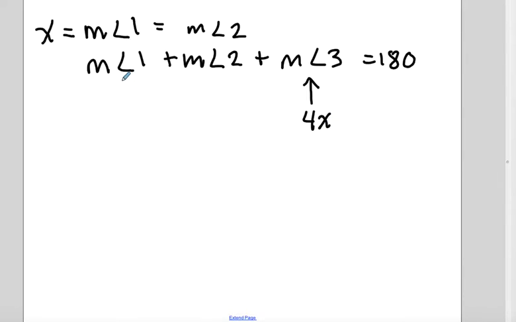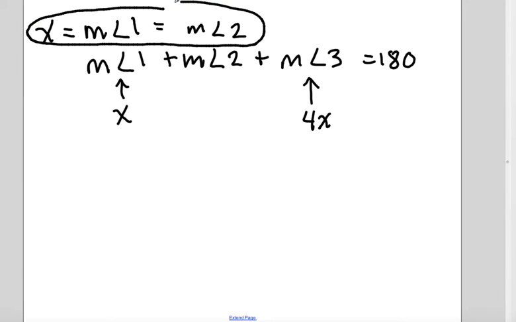So I'm going to substitute x for the measure of angle 1. And notice that from this fact, because the measure of angle 1 and the measure of angle 2 are equal, I can also conclude that the measure of angle 2 is x.